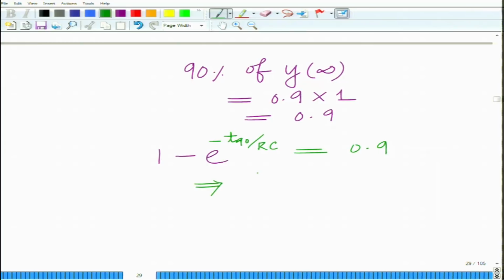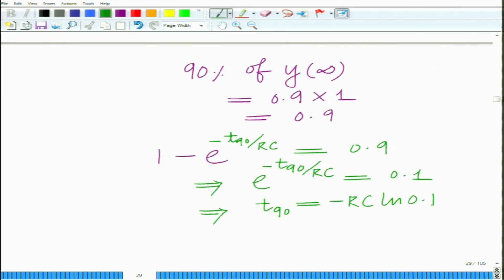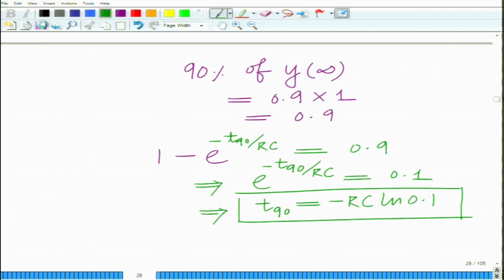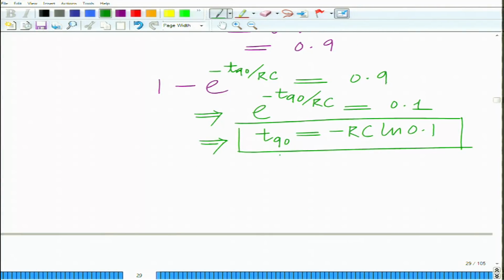Now, this implies that e raised to minus T90 over RC equals 0.1, which implies T90 equals minus RC ln, or log natural, of 0.1. So, this T90 is basically the time taken to reach 90% of the final value.